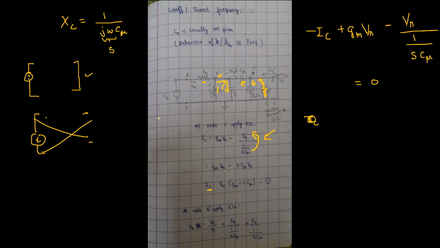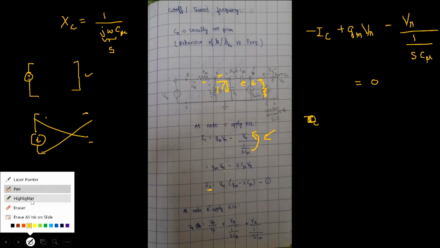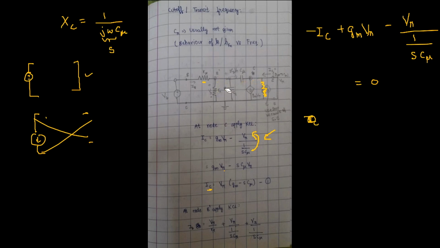Let me just erase this, it is a mess. So the four currents flowing from B are the one here, the one downwards, the one through the capacitor, and the one flowing straight through C mu. Since there are no devices between these two points, we can overlap them and consider them as a single node.